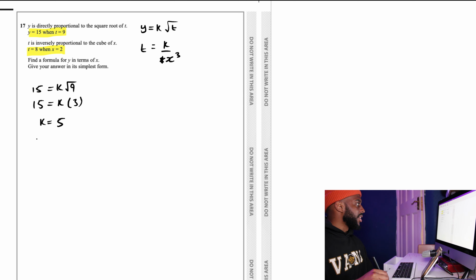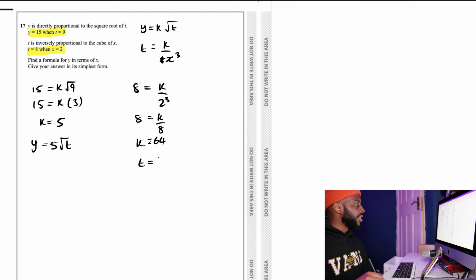And if we write that out again in its original form, that's going to be y equals 5 root t. Now let's work on this one. So if t equals 8 and x equals 2, 2 to the power 3, 8 equals k over 8, k equals 64. And if we sub that back into the original equation, we've got t equals 64 over root x cubed.